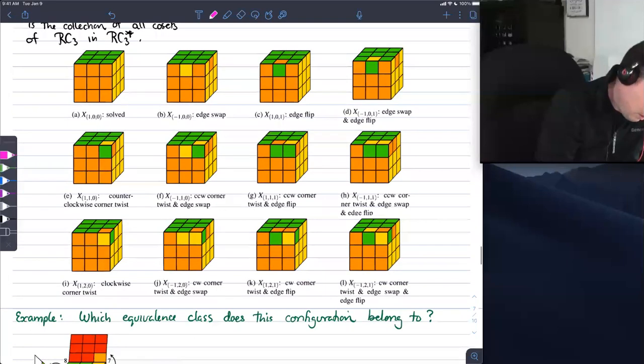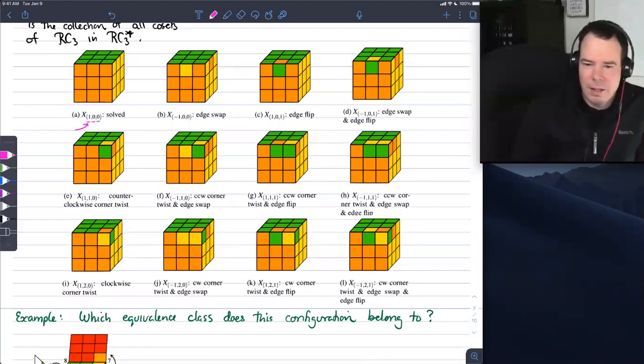You read it as x1, 0, 0. The first 0 means that the parity of the two permutations is the same. The next 0 is the sum of the v's, and the next 0 is the sum of the w's. So this x100 is this solved cube.